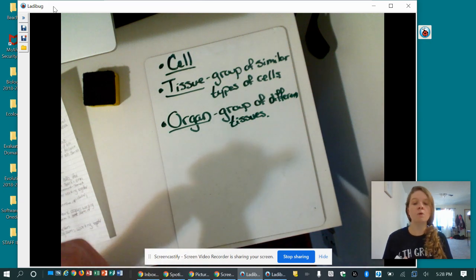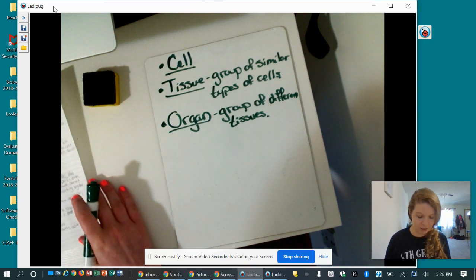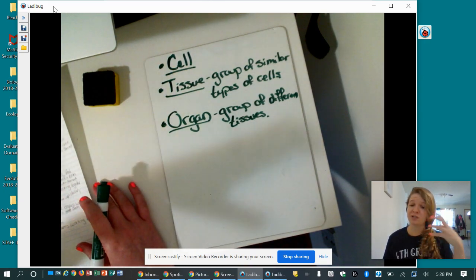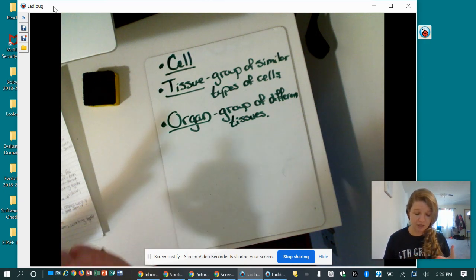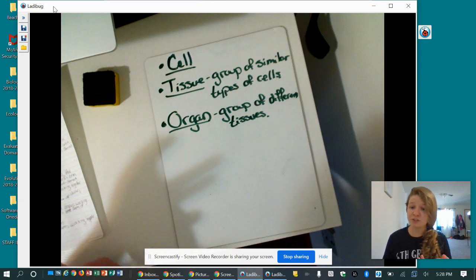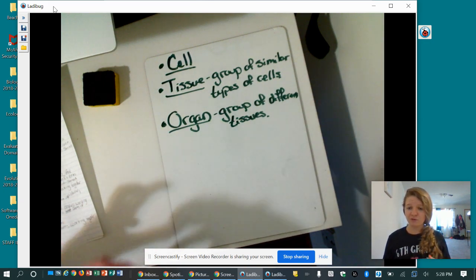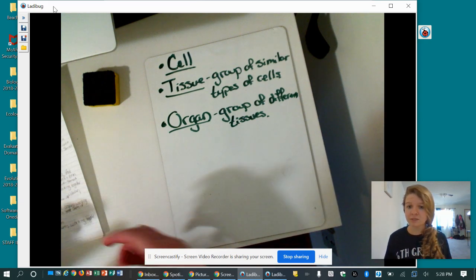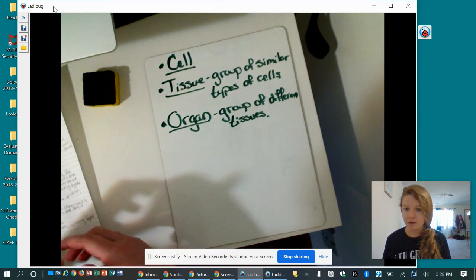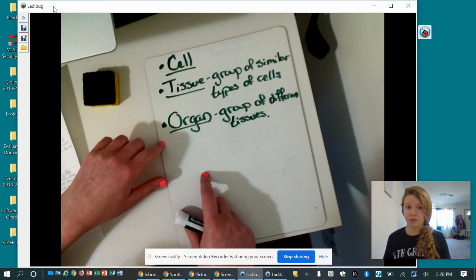So an organ that you have in your body is a stomach. That stomach is made up of 4 different tissues that are working together to carry out its job. So it has muscle tissue, connective tissue, epithelial tissue. It even has nervous tissue, which sends signals. So you have nervous tissue in your stomach to let you know when you're full, to let you know when you should stop eating. So all of these tissues together make up an organ.